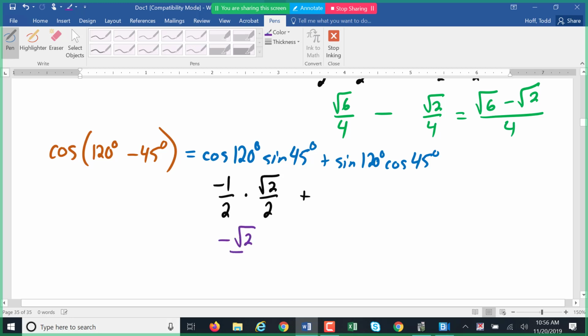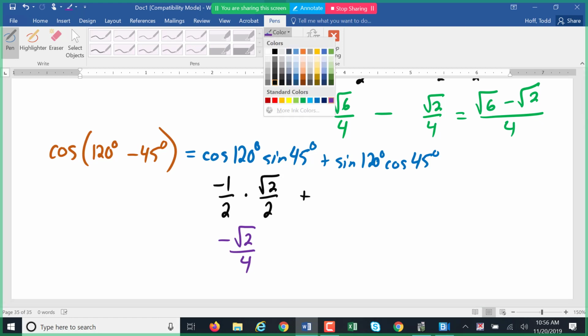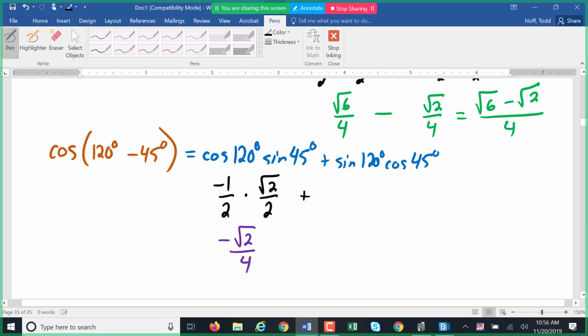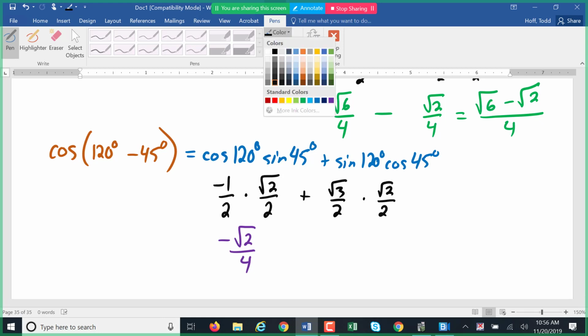That's going to be the negative square root of 2 over 4. The next piece, we have the sine of 120. Well, the sine of 120 and the sine of 60 are the same. That's the square root of 3 over 2. Cosine of 45 is the square root of 2 over 2. We'll combine those. Square root of 3 times the square root of 2 is the square root of 6.